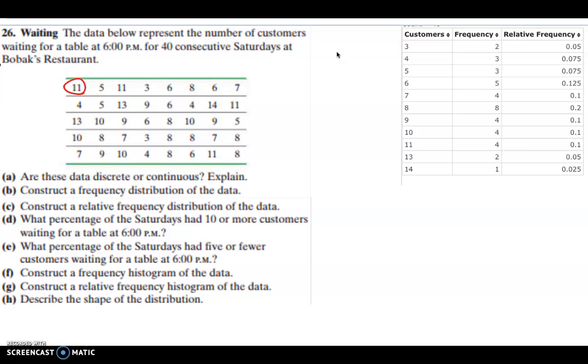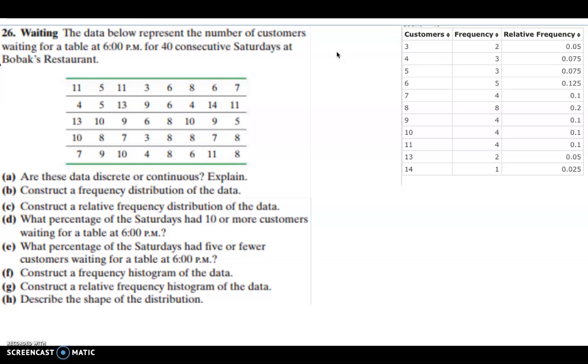One Saturday there's 11 people waiting, then another there's 4 people, then 13, then 10, and so on. So each Saturday they're just gathering the data for how many people are waiting at 6 o'clock. So first question is, is this data discrete or continuous?